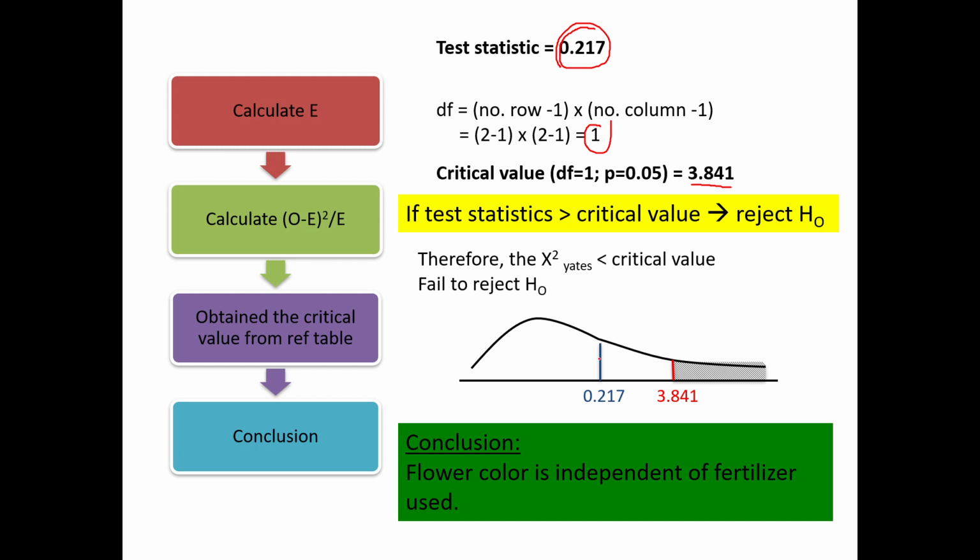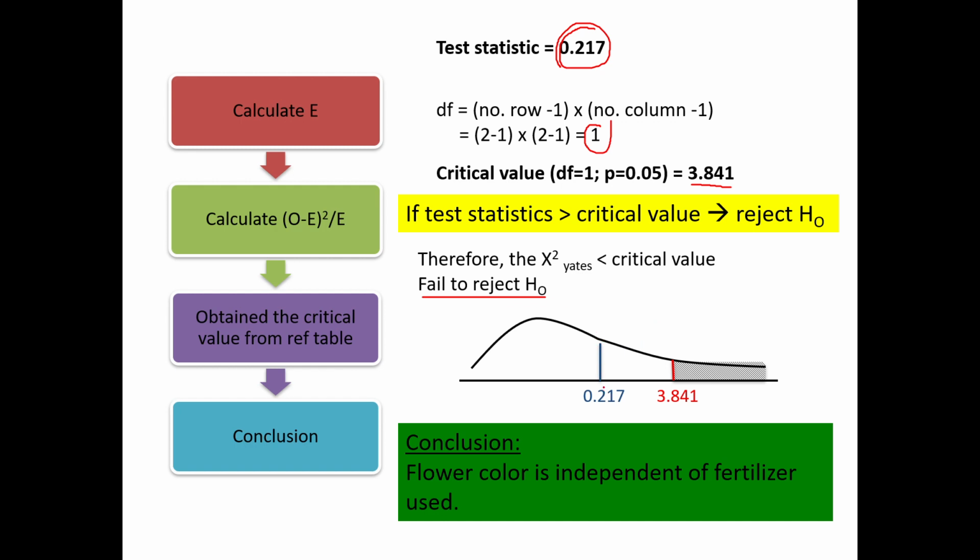So 0.217 falls within the non-shaded zone. So if it falls within the non-shaded zone, what will happen? So you fail to reject your null hypothesis. Fail to reject the null hypothesis, and therefore you accept the null hypothesis.